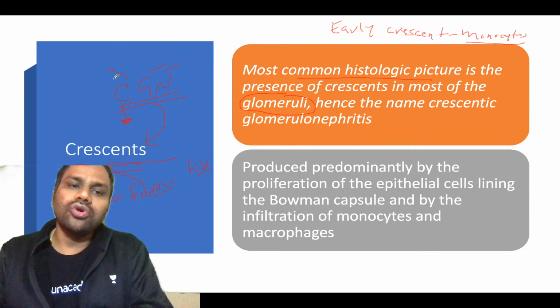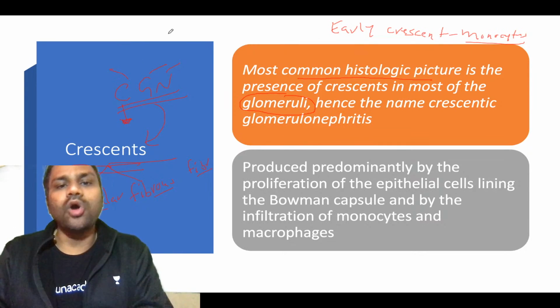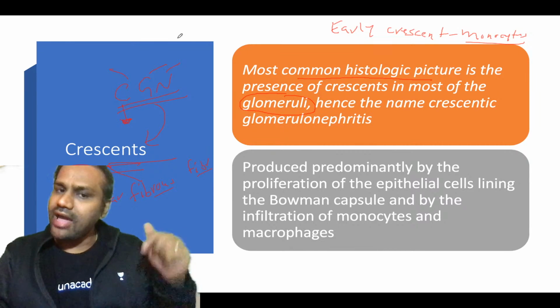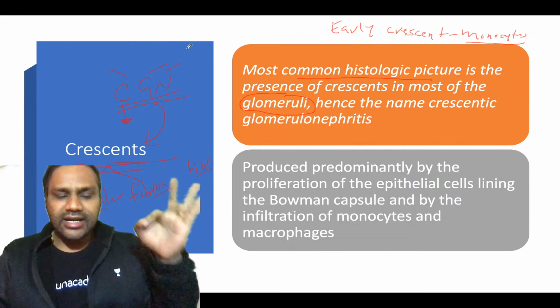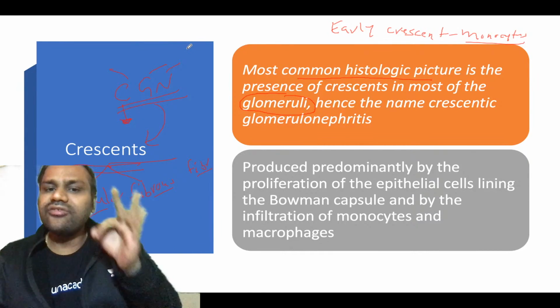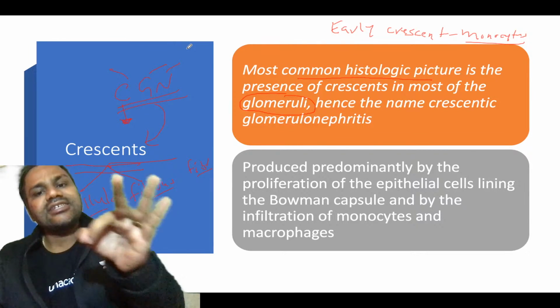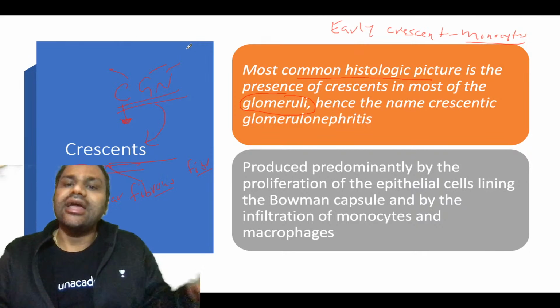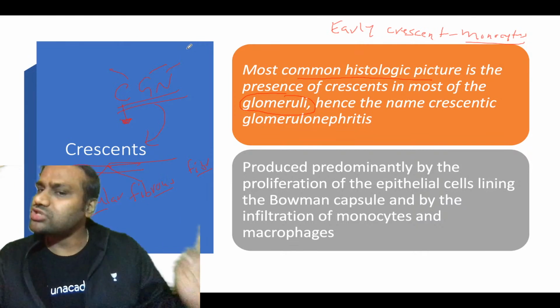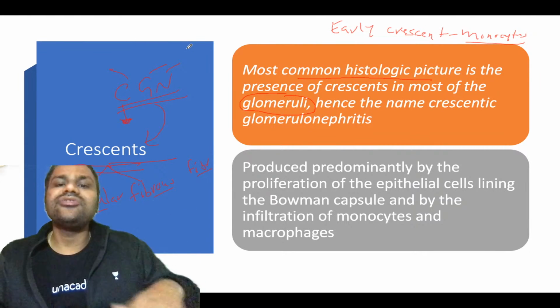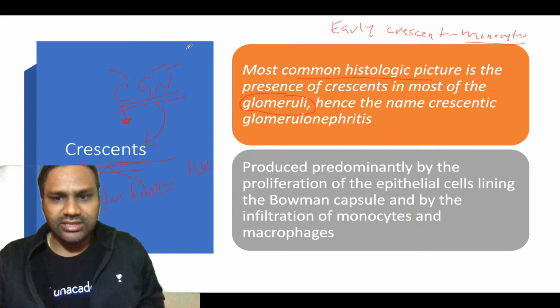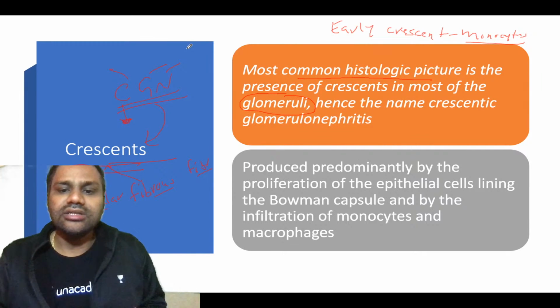The Bowman's capsule has parietal epithelial cells, and when they proliferate, they form crescents. Those crescents also have monocytes, macrophages and other types of cells. The early crescent will have monocytes, and the late crescents will have more parietal epithelial cell proliferation.